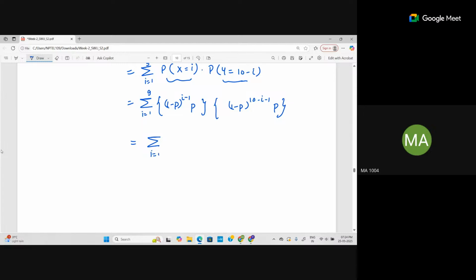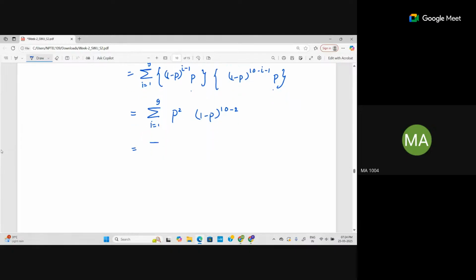So you can simply solve it. p and p will be p square. Then for (1 minus p), plus I and minus I cancel out, so it becomes 10 minus 1 minus 1, which is 8. So it will be p square into (1 minus p) to the power 8.